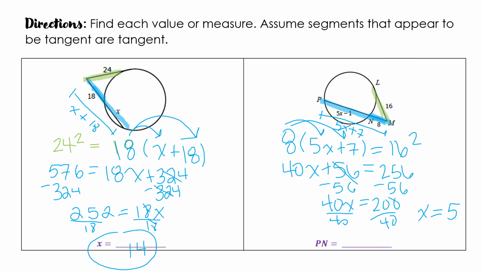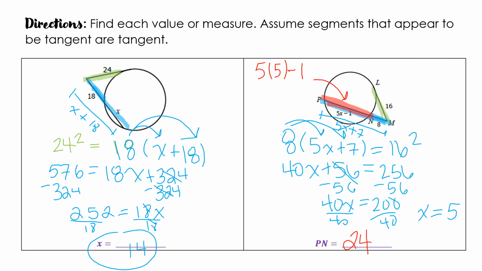We'll need to go back and substitute 5 back in. So PN is just this part right here, just the 5x minus 1. So I'm going to do 5 times 5 minus 1, so that's 25 minus 1, so PN is 24.